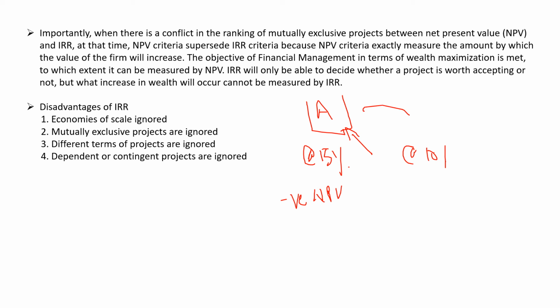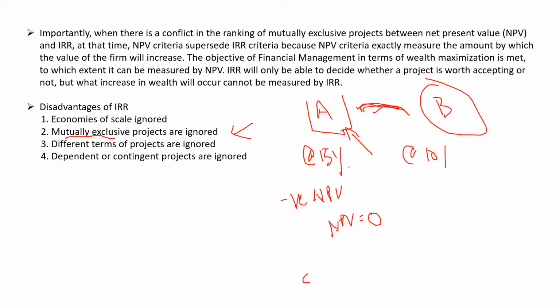We do not try to compare between this A project or B project which we may have. Of course, we are in business, there is always an alternative, but that is not taken into consideration in IRR. So mutually exclusive projects are ignored. We do not try to compare between projects. We take a project and then we try to find out the discounting rate at which NPV will be 0. I hope it is clear.